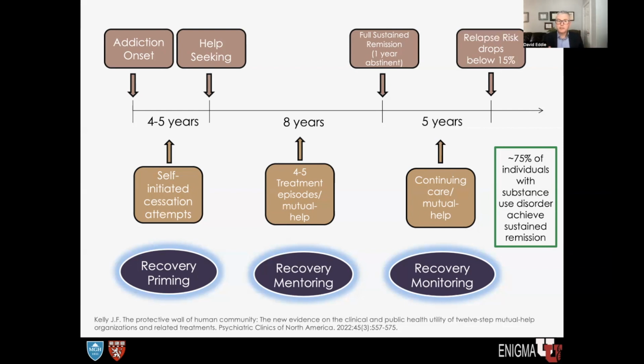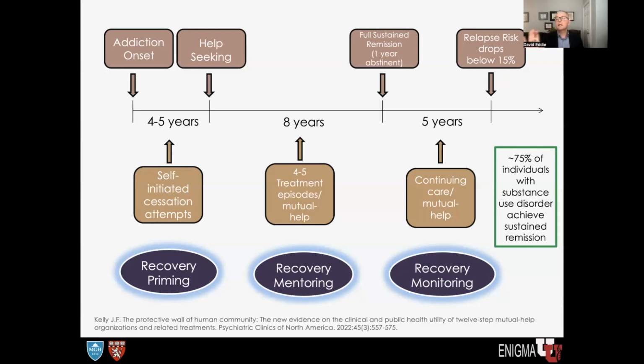Then on average, it takes 4 to 5 treatment episodes, formal treatment or mutual help engagement episodes, for people over 8 years on average to achieve 1 year of full sustained substance use disorder remission. Now, these are just averages. Some people get recovery in their first recovery attempt.